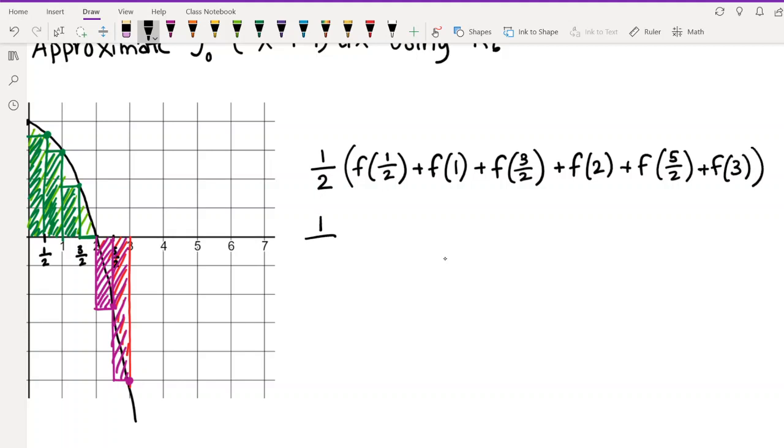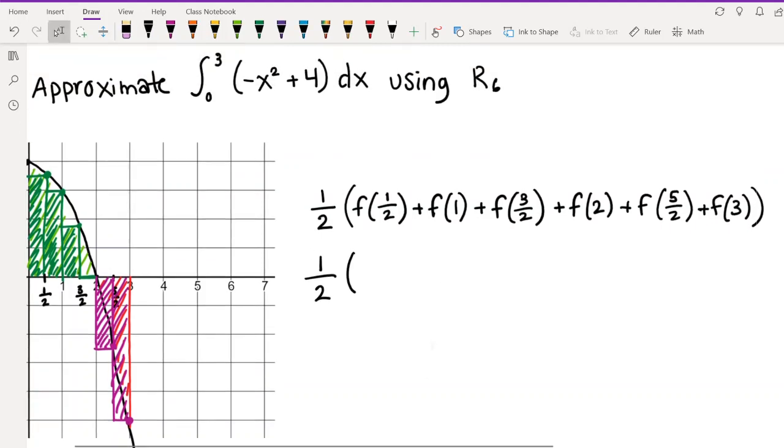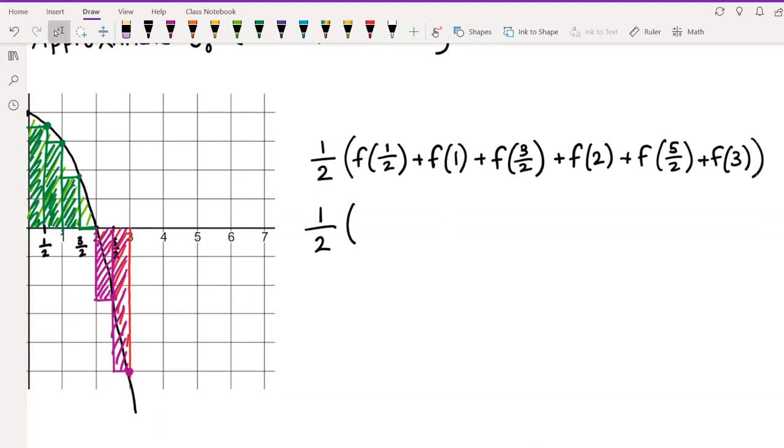And so if you type these into a calculator with the function, remember, is negative x squared plus 4, you'll find that f of 1/2 is, and I guess I wrote these as decimals. I usually like to use fractions, but I wrote these as decimals, so that's what I'm going to write down here. So we have 3.75 plus 3 plus 1.75 plus 0. That's the rectangle that doesn't have any area, right?